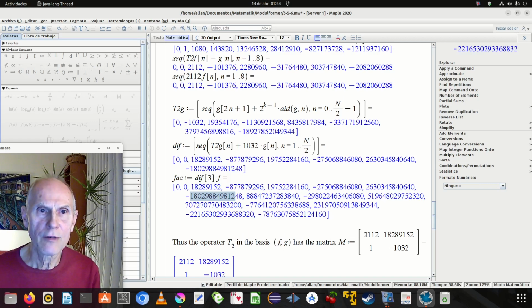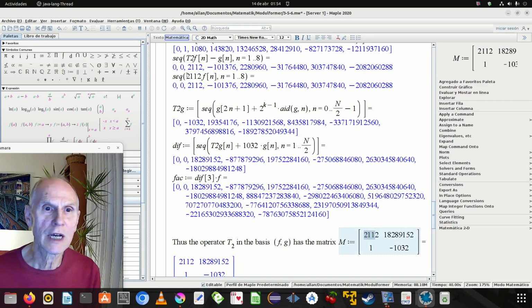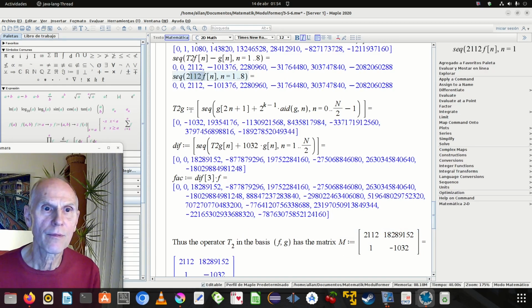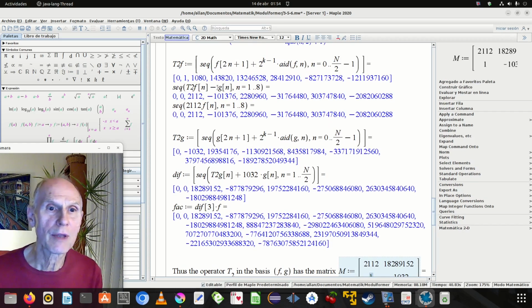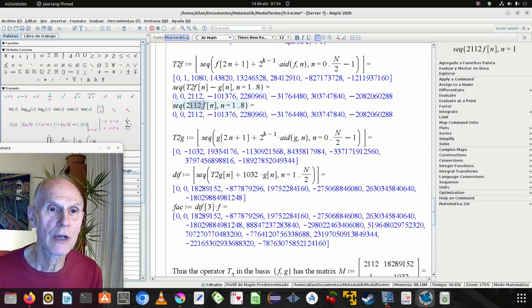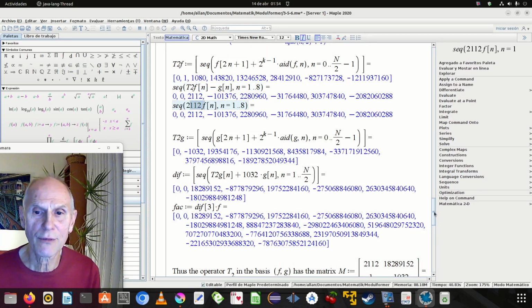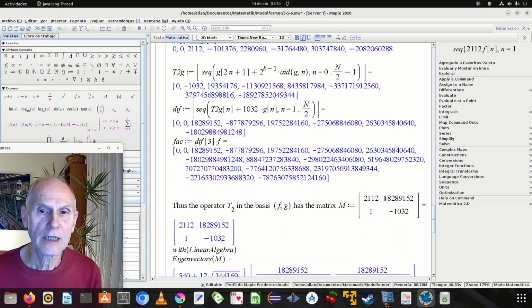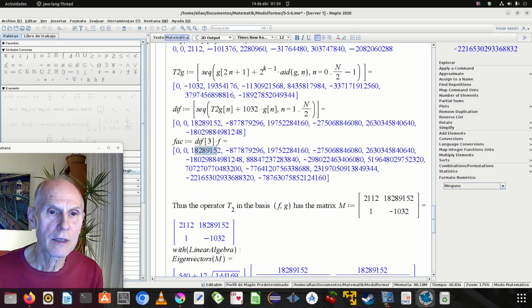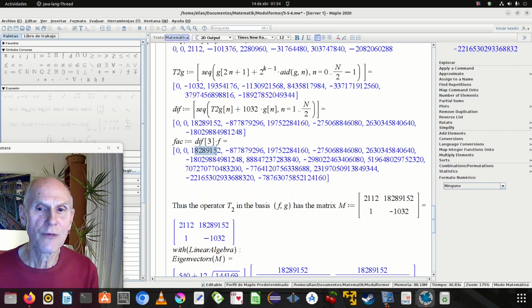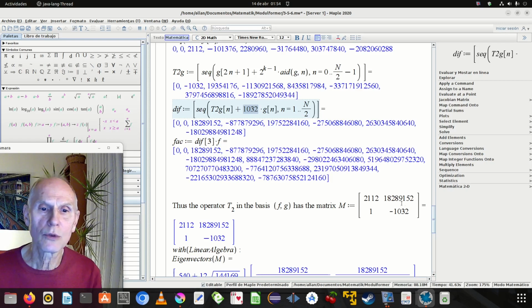F is mapped to 2112 times F plus G. I almost forgot about that. G plus 2112 times F, and G is mapped to this number times F minus 1032 times G.